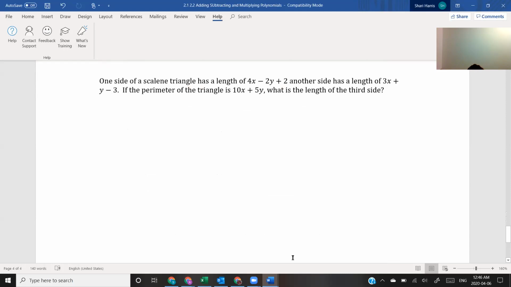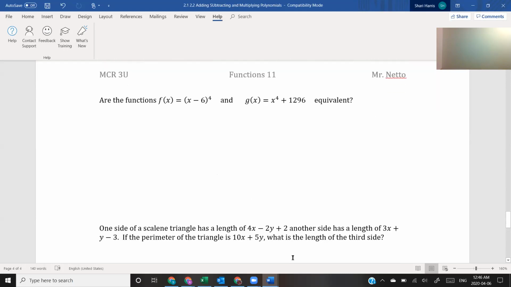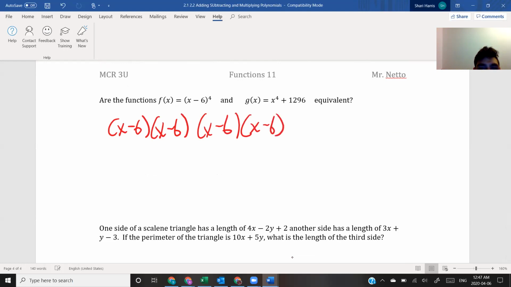And this one. We could expand this if we want, actually. x minus 6, x minus 6, x minus 6, x minus 6. So what do we know about these functions right here? They follow the... what the heck?